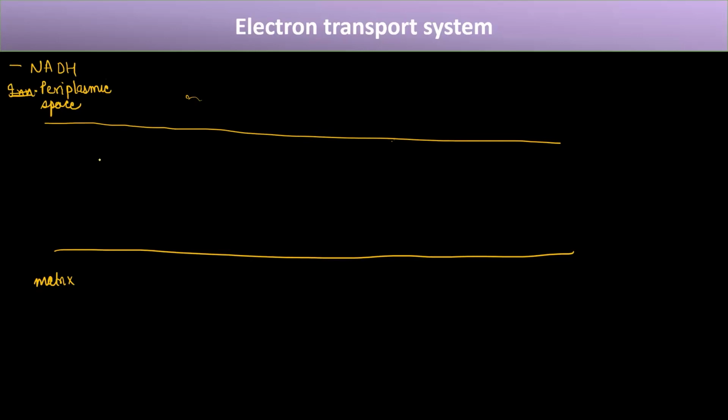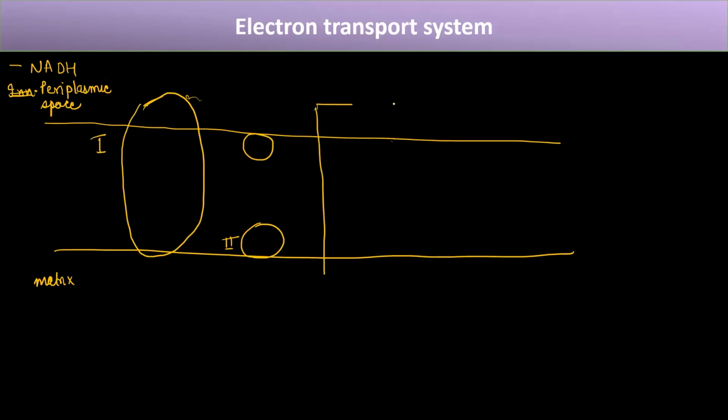Now the complexes that I mentioned, first, second, third, fourth, fifth, they are located something like this. So this is your first complex. This one is your second complex. Now you will have the third complex.